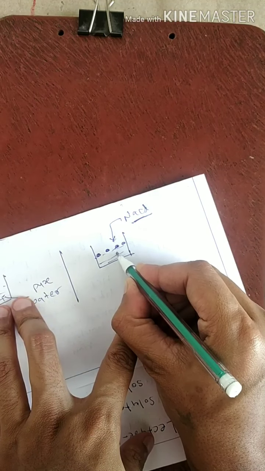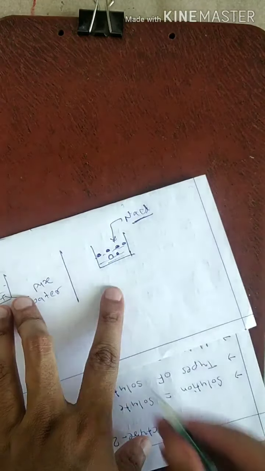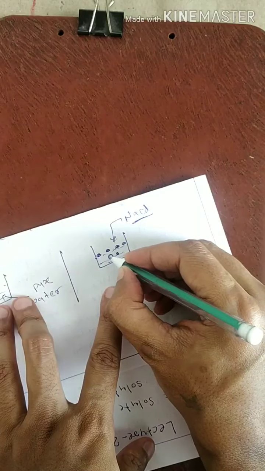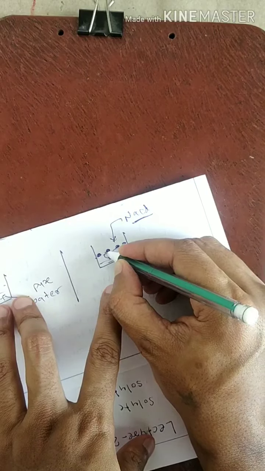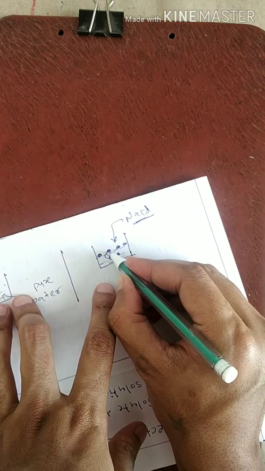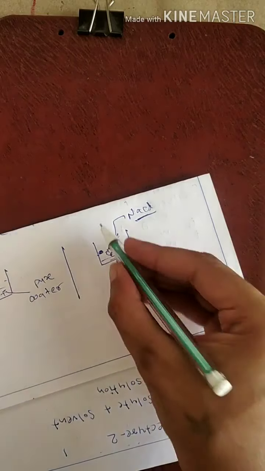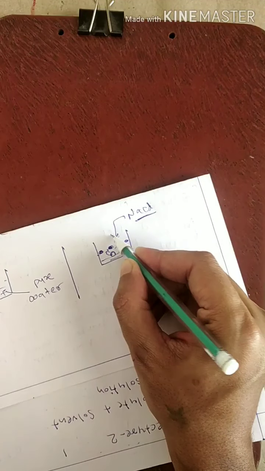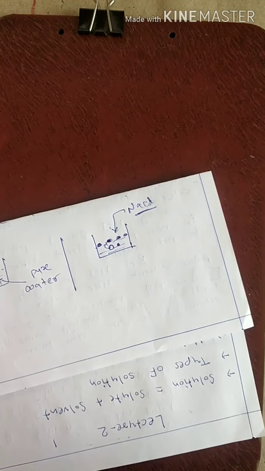Suppose this is one molecule of water that wants to become vapor. It will gain some temperature and will vaporize and go upward. But it will collide with an NaCl molecule and come back into the liquid. There is a barrier between vapor phase and liquid phase in the form of NaCl molecules. So due to this NaCl, vapor pressure will decrease here.